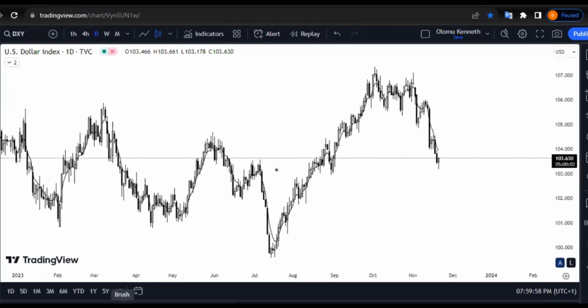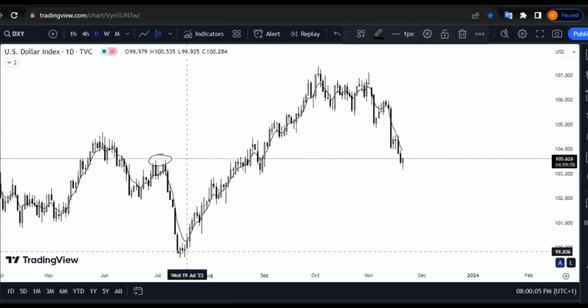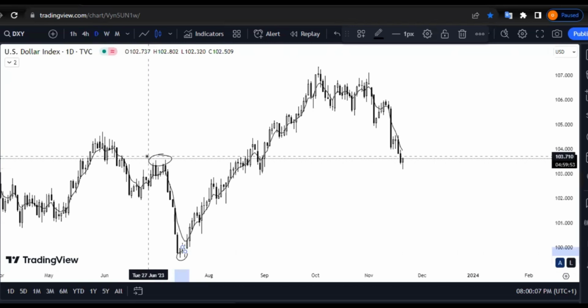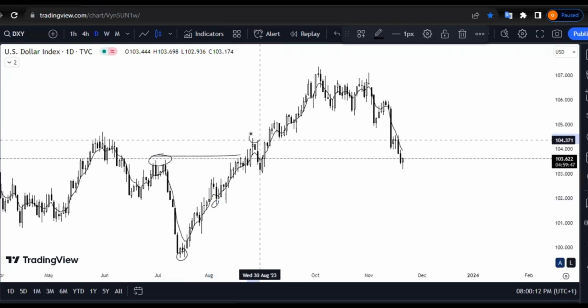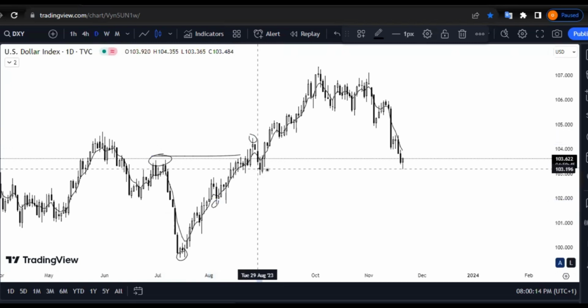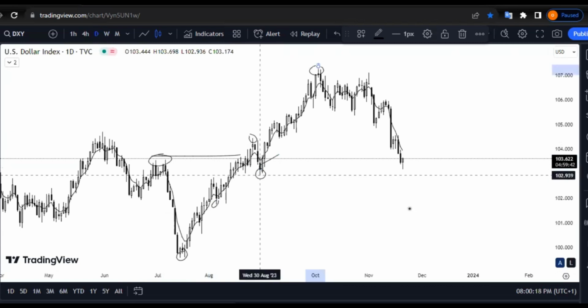We have a range from this point down to this point, which was our last bearish move. Then price took this out, created this low and this high. Then finally created this range. And price is currently within that range.